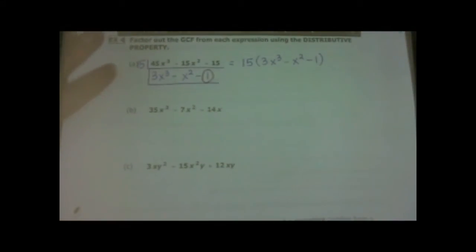All right, let's go to B, and we'll do this again. What goes into all 3 of these? By my multiplication tables, I know that 7 does. I'm going to look at my variables, and my smallest power of x is just 1, so I'm going to take out a 7x. 35 divided by 7 is 5.